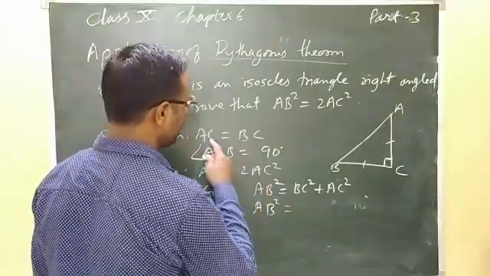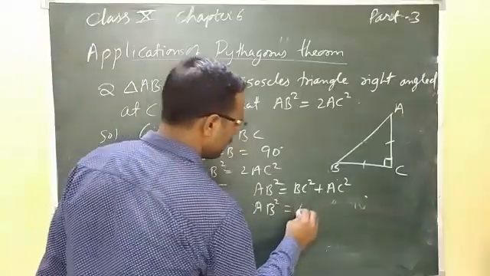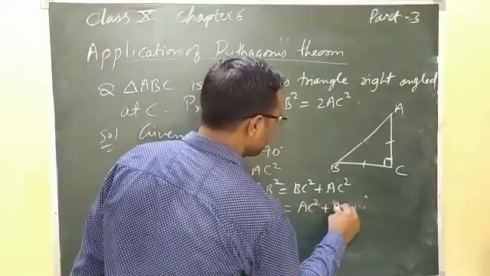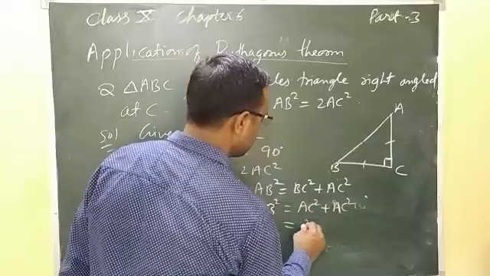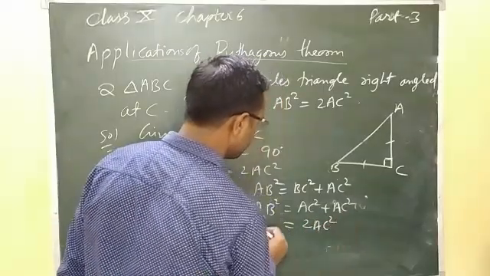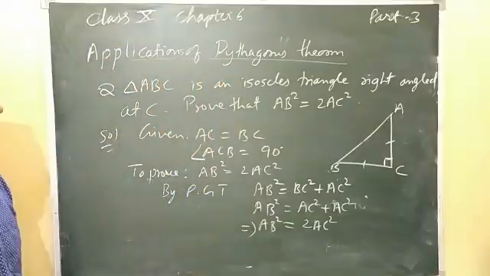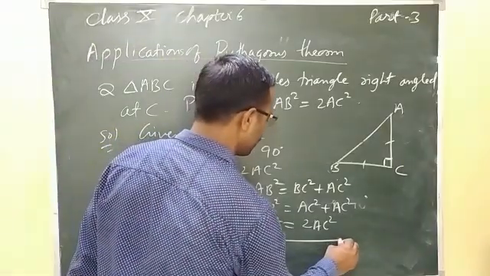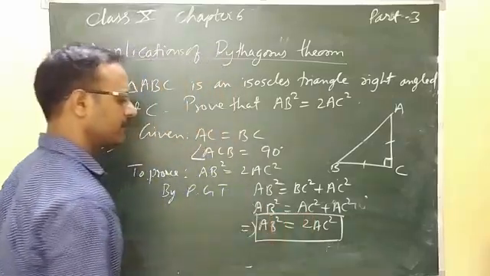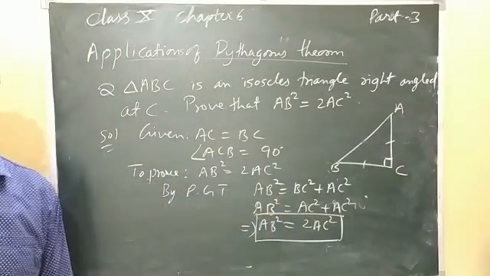So in place of BC, what I will write? AC. So AC square plus AC square, and if we add these two, we will obtain 2AC square. So AB square will be equal to 2AC square, and this was to be proved. So simple and very easy. Okay, this is the first question.